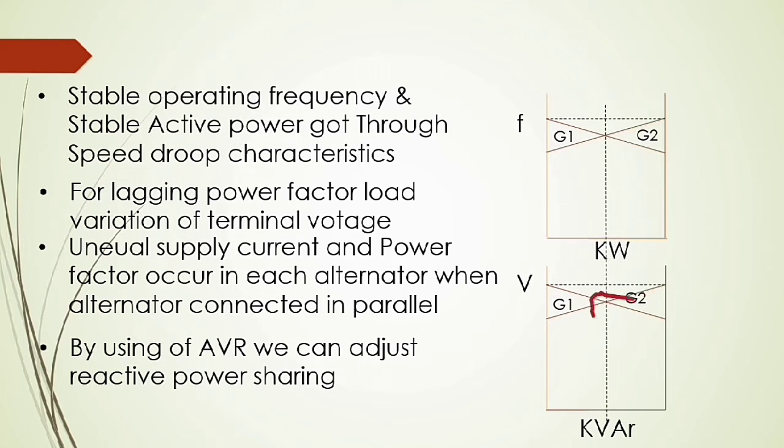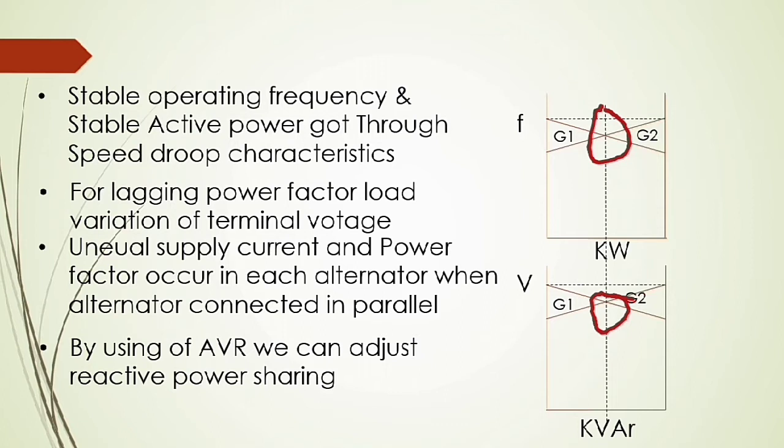This common operating voltage we will find by using the AVR. Just like for speed droop characteristics we find the common frequency by using the governor, in the same way for finding the common operating voltage in voltage droop characteristics we will find it by the AVR, automatic voltage regulator.